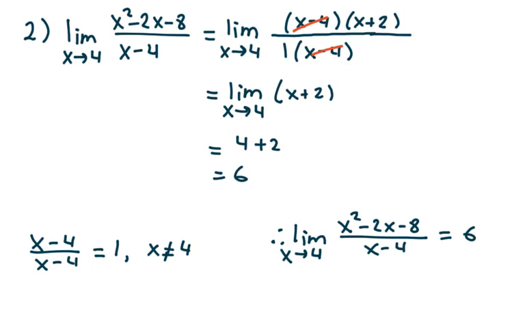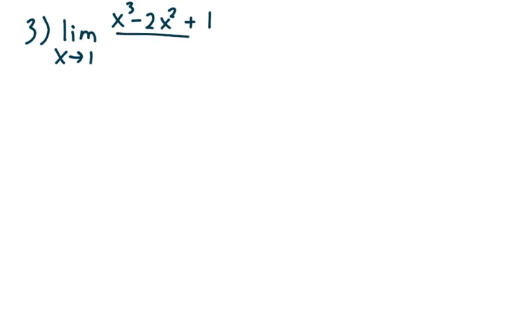And that's example 2. Let's take a look at example 3. Suppose we have the limit as x goes to 1 of x cubed minus 2x squared plus 1 divided by x cubed minus 1.